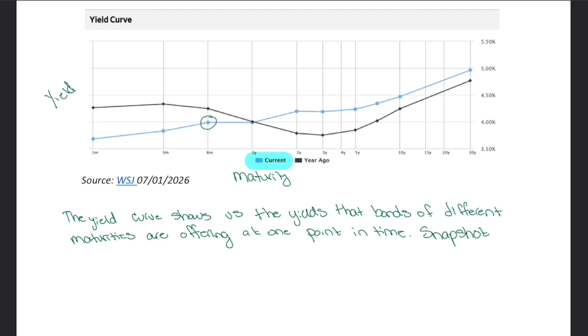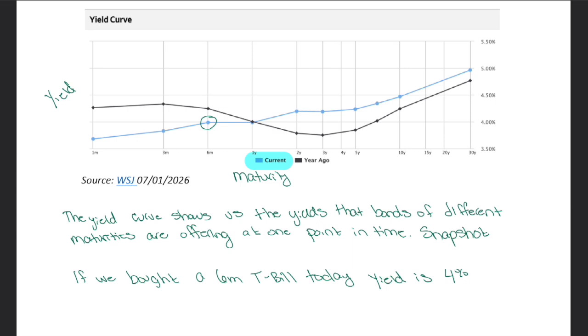So we'll start off here with the 6-month point. If we look at that point, that's telling us if we bought a 6-month T-bill today, pretending like this graph is from today, even though it's from July 1st, the yield on that T-bill is approximately 4%.